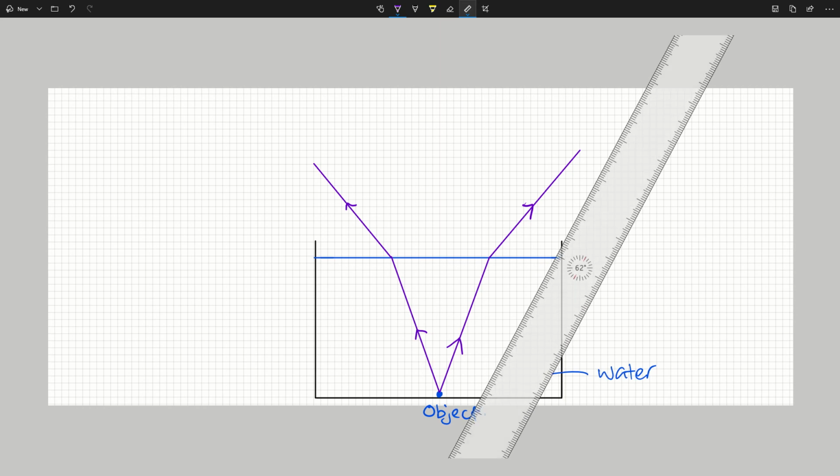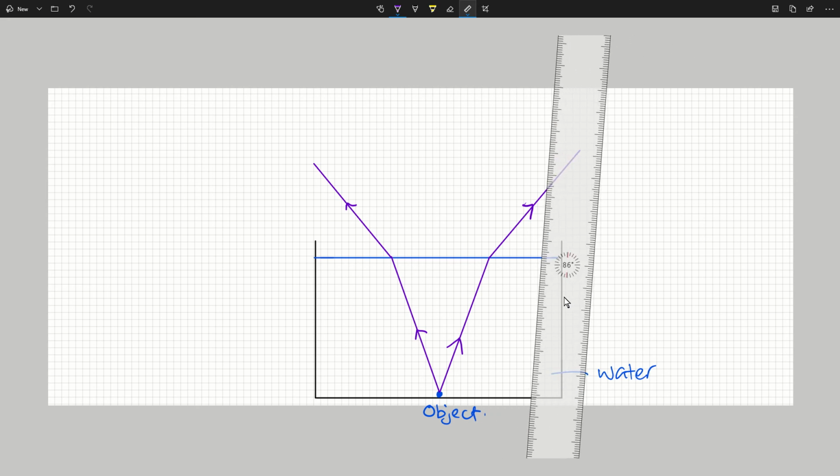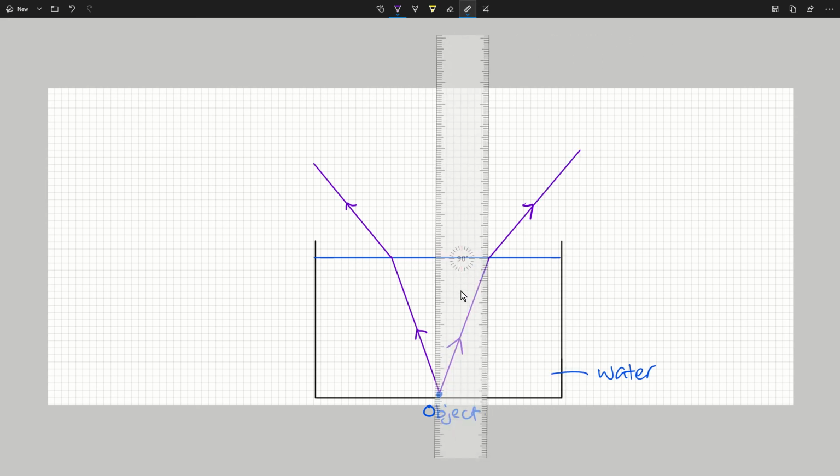And as I say in all my lessons, when you draw diagrams like this, especially when it involves a boundary, you definitely have to draw the normal. Whether you need it or not is irrelevant at this point.